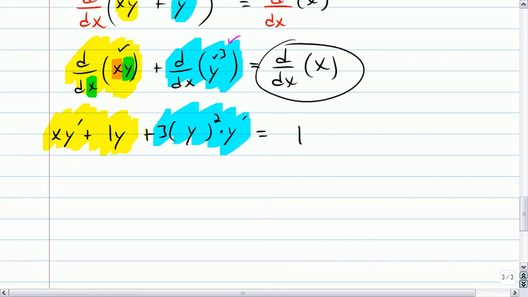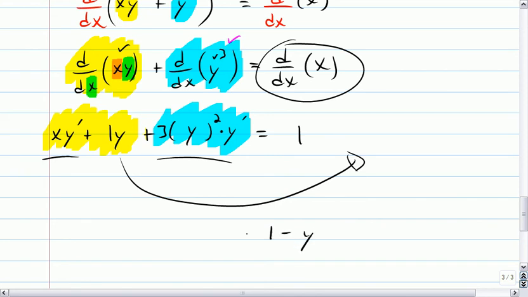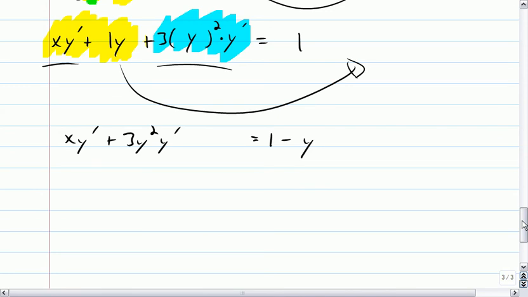So the goal is to find y prime. So you're going to do some algebra here and isolate y prime. So every term with the y prime in it, I'll keep on the left. And this one I'll move over. So the right hand side is going to be 1 minus y. And the left hand side is xy prime plus 3y squared y prime. Now I want y prime. It shows up in two of the terms, but I think I can factor it out.